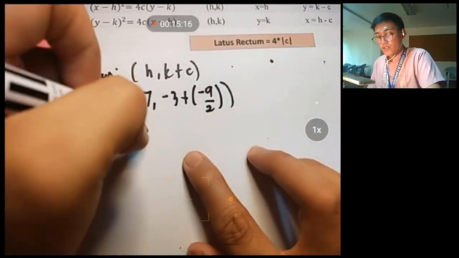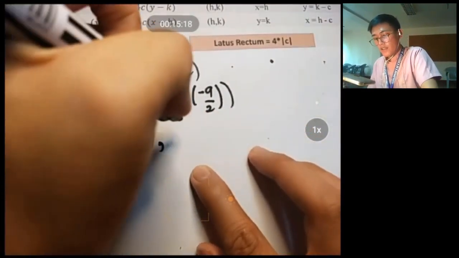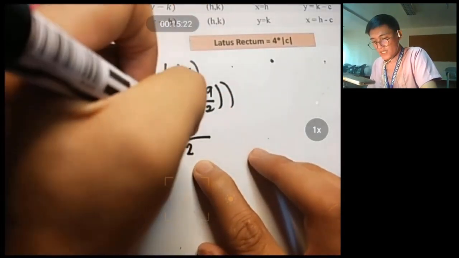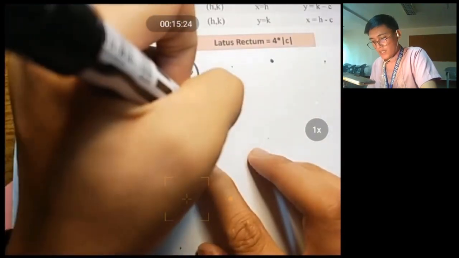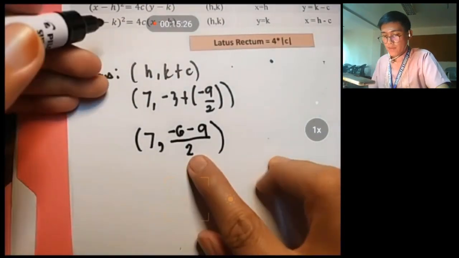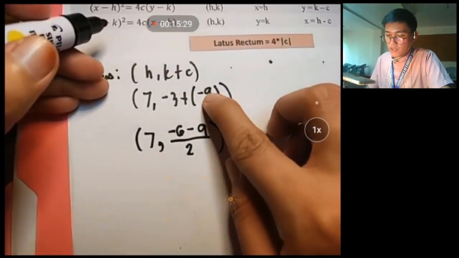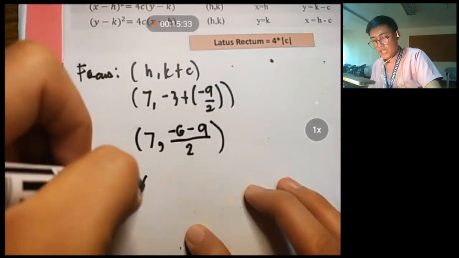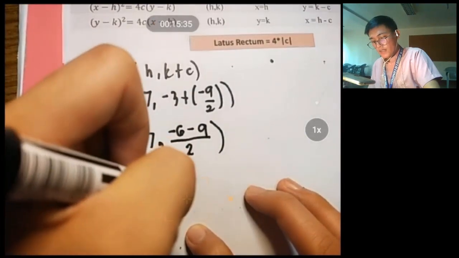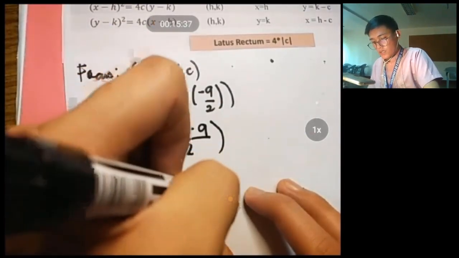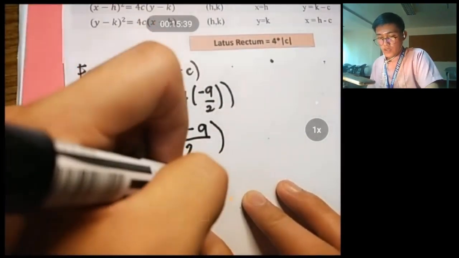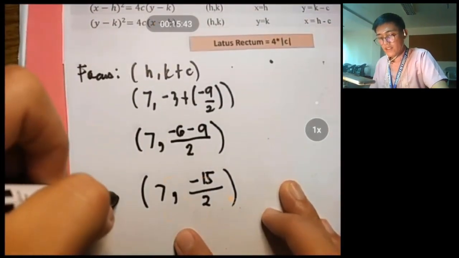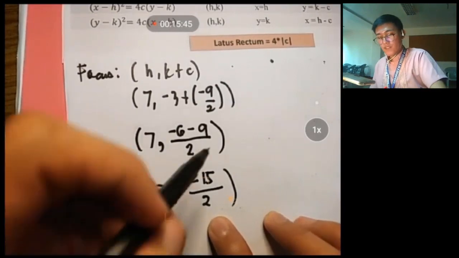That would be 7, over 2, negative 6, minus 9. Why? Because 2 divided by 2 is 1 times negative 9 is negative 9. Positive times negative is negative. That would be 7, over 2, negative 15. Alright, we have now our focus at 7, negative 15 over 2.